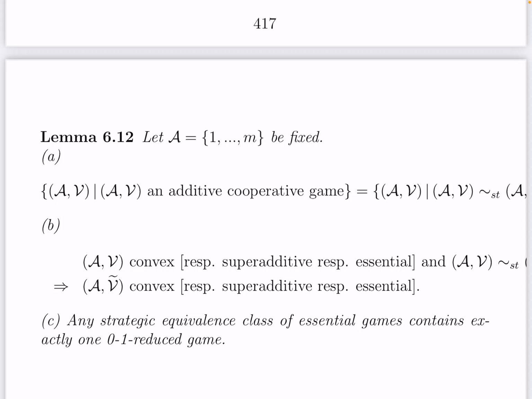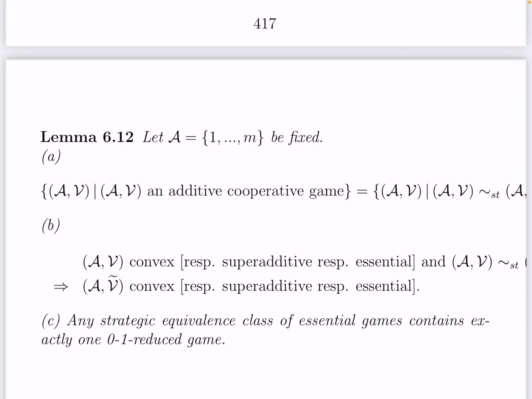Part B: convexity, superadditivity, essentiality are preserved under strategic equivalence. So if (A, V) is convex, (A, Ṽ) is convex. If (A, V) is superadditive, (A, Ṽ) is superadditive. If (A, V) is essential, (A, Ṽ) is essential, where V and Ṽ are strategically equivalent.